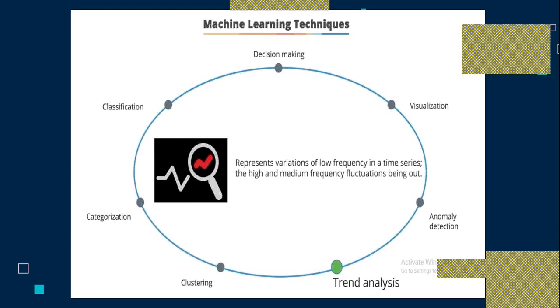The next technique is trend analysis. So what is trend analysis? This is basically used in stock market prediction, where time series algorithms are used.